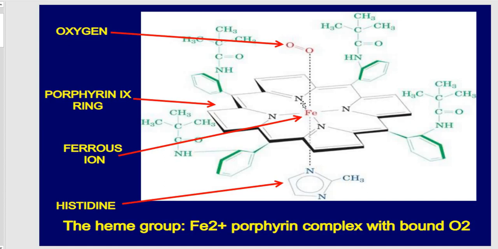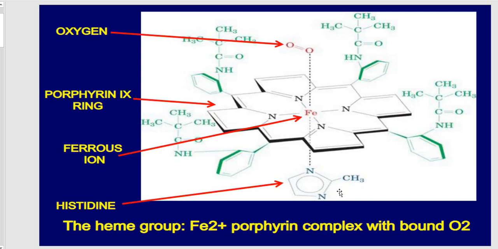It has 4 nitrogen atoms, which are connected by bonds to the ferrous iron in the center of the heme group. Also, ferrous iron can form 2 additional bonds at the planar plane of the heme group. One bond is to the oxygen and the other bond is to the histidine.